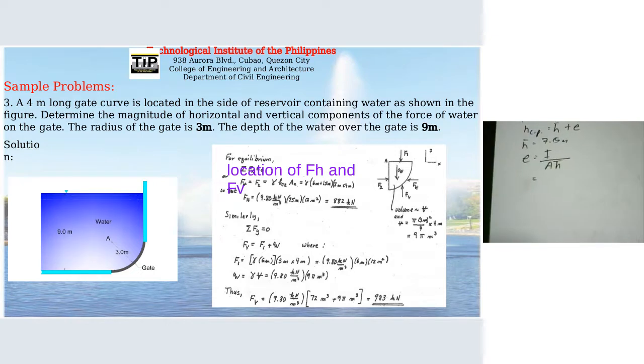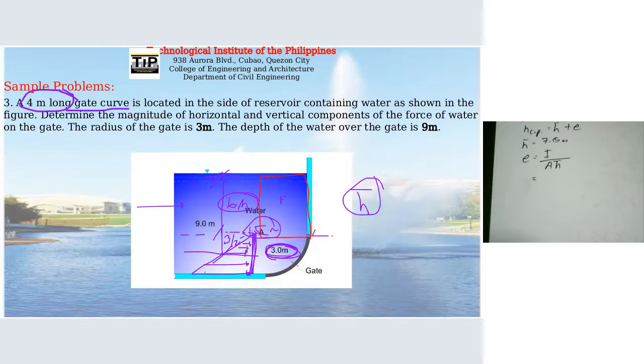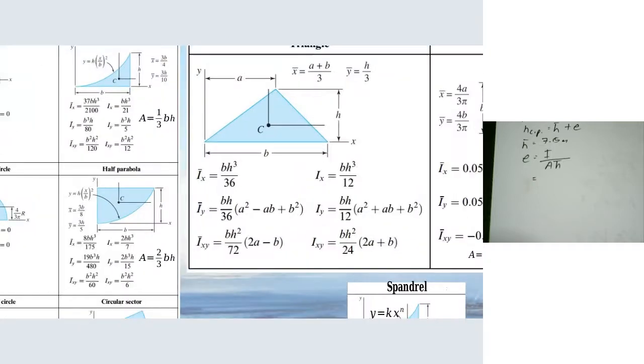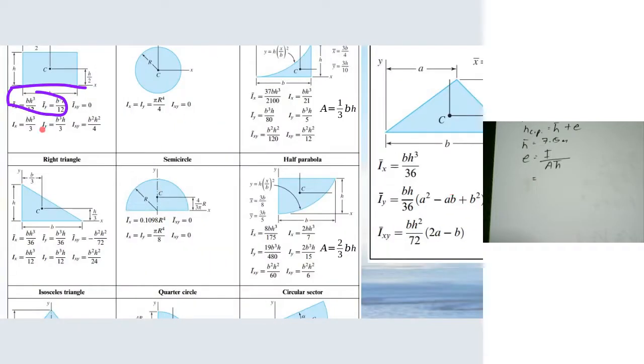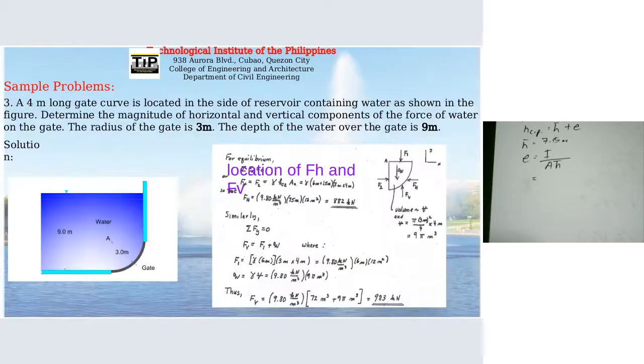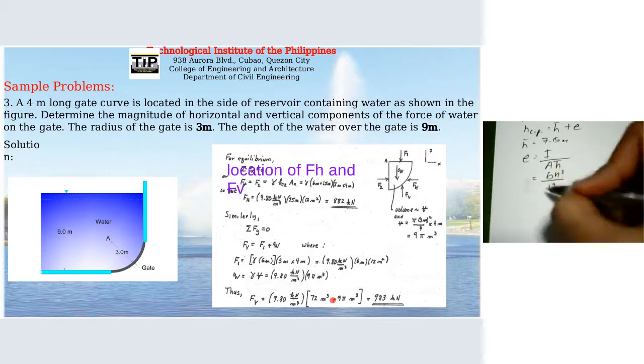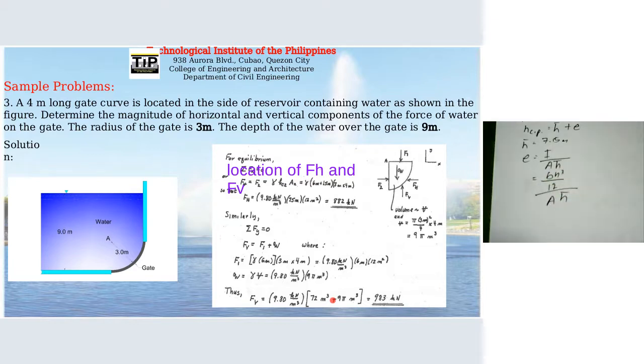Now eccentricity formula is moment of inertia over area times h bar. Now we have a rectangular figure, therefore we will use this, bh cube over 12, then over A times h bar.